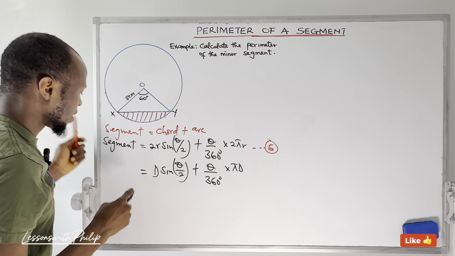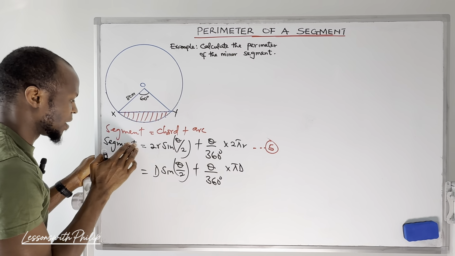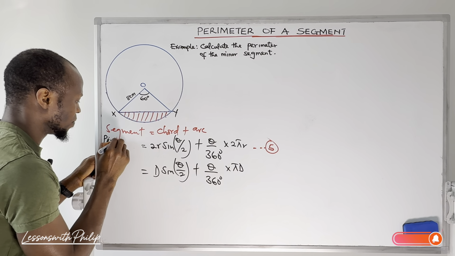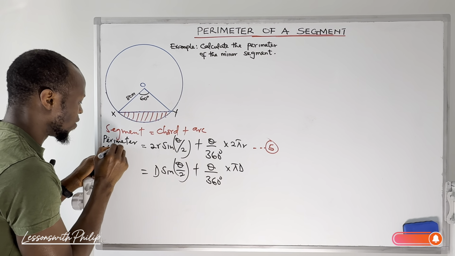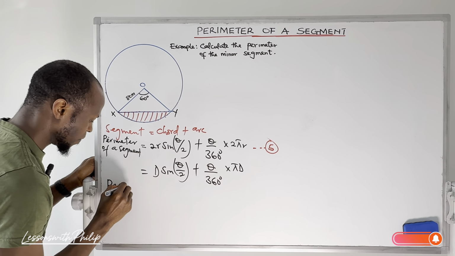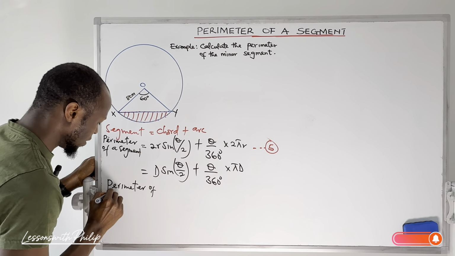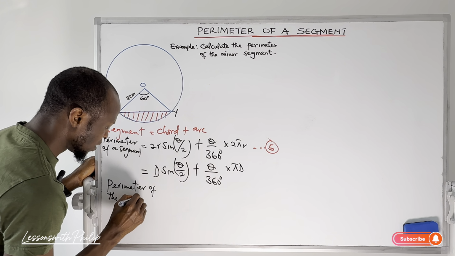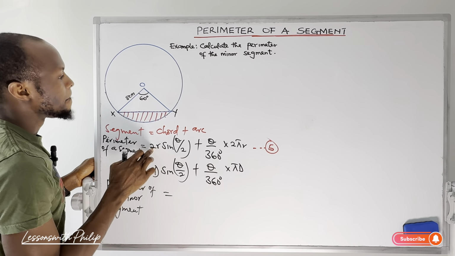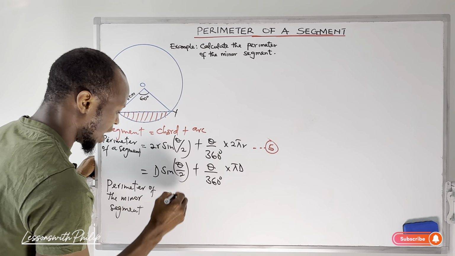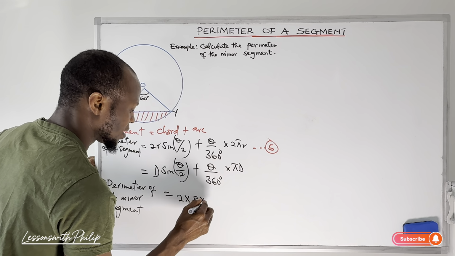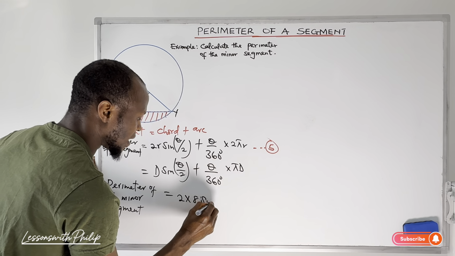Okay, now let's go. Perimeter of the minor segment is given by this formula. I've been given my radius to be 8 centimeters. That shows I have 2 times my radius, which is 8, times sine theta.